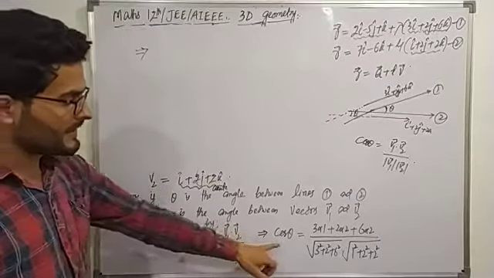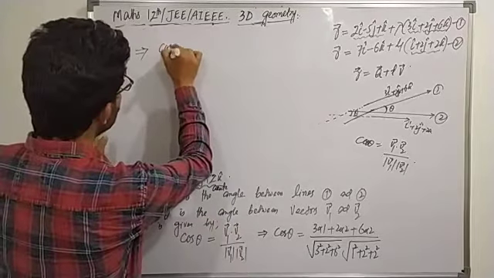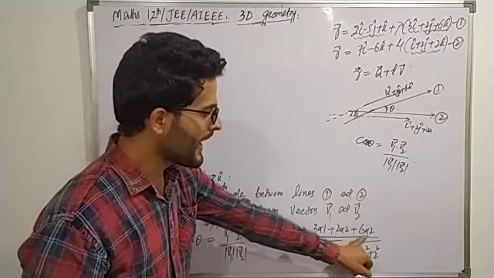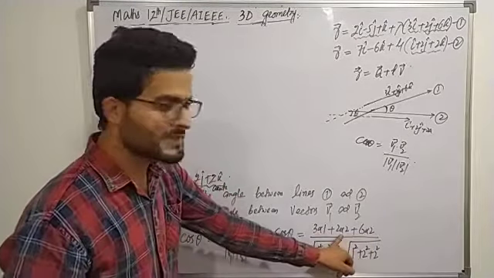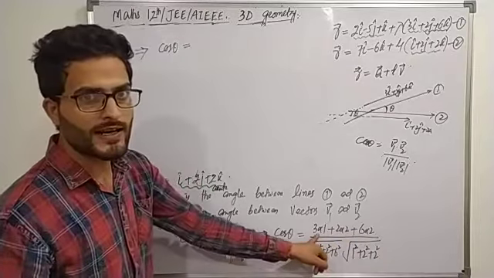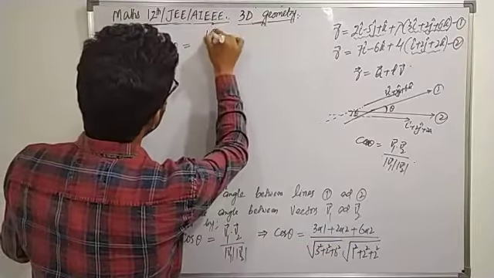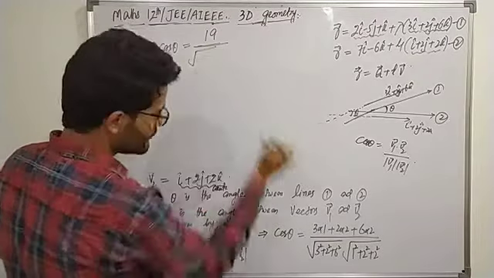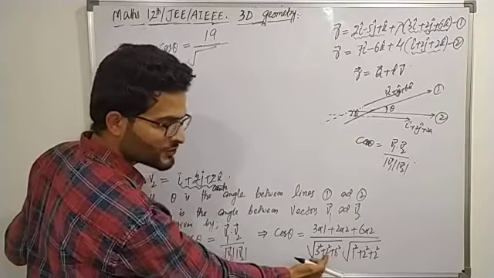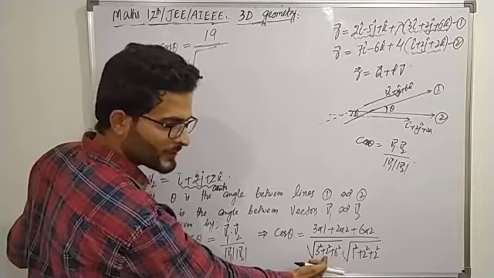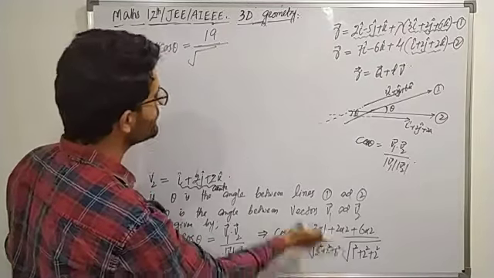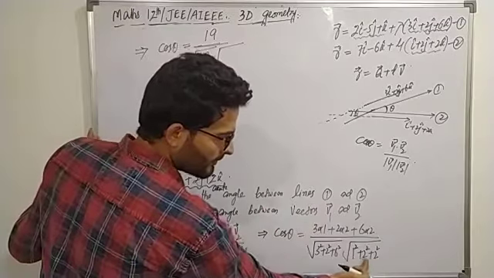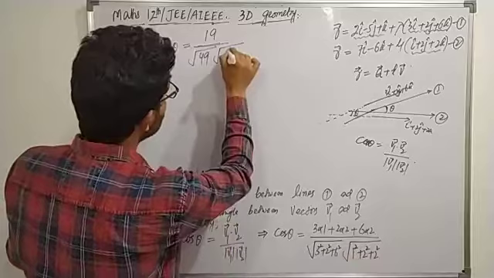so that implies cos theta is equal to, yes, 3 into 1, that's 3, 2 2s are 4, and 6 2s are 12. 12 plus 4, 16, 16 plus 3, that is 19, divided by square root of 6 square is 36 plus 2 square is 4, 36 plus 4 that is 40, 40 plus 3 square that is 9, so 40 plus 9 is 49, into square root of, yes, 4 plus 4 that is 8 plus 1 is 9.